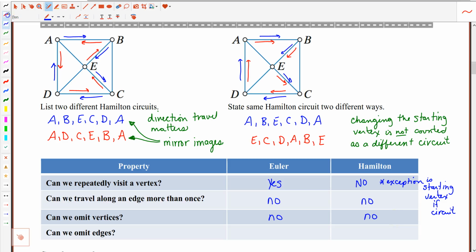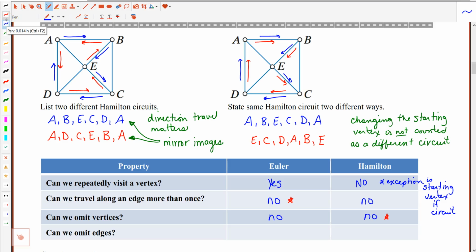So in terms of the key concept, travel along an edge more than once, that's exactly what Euler doesn't allow you to do. Omitting vertices, that's exactly what Hamilton won't let you do. Okay, so these are the key ones on these two different concepts.